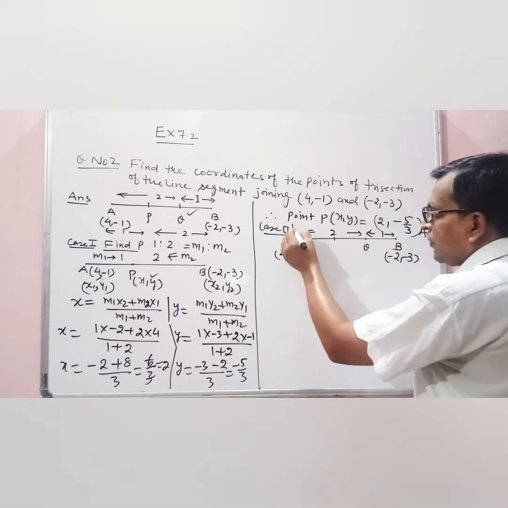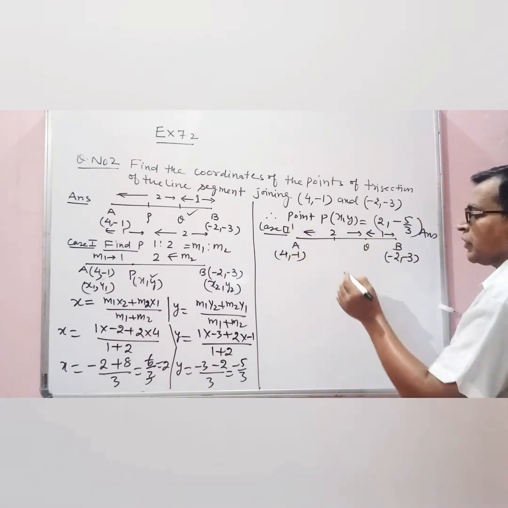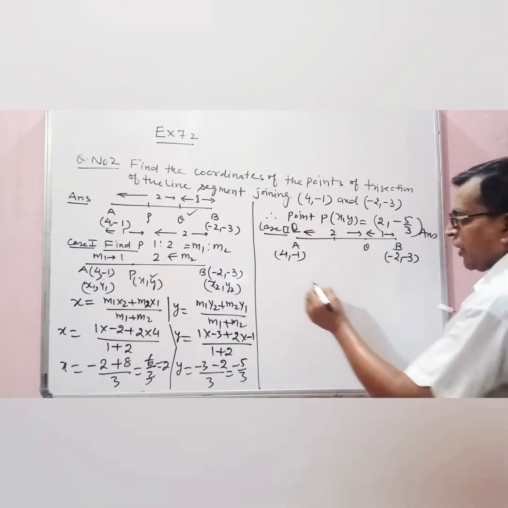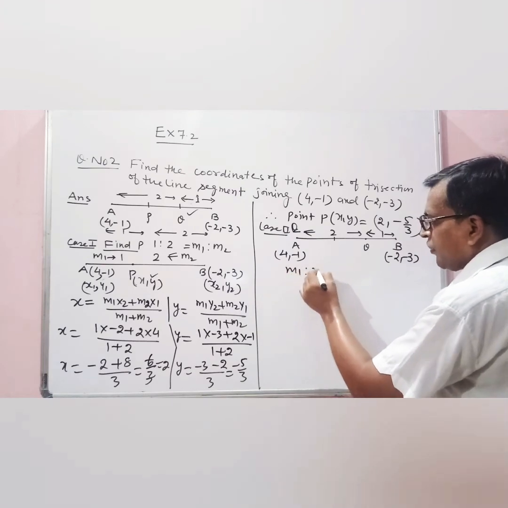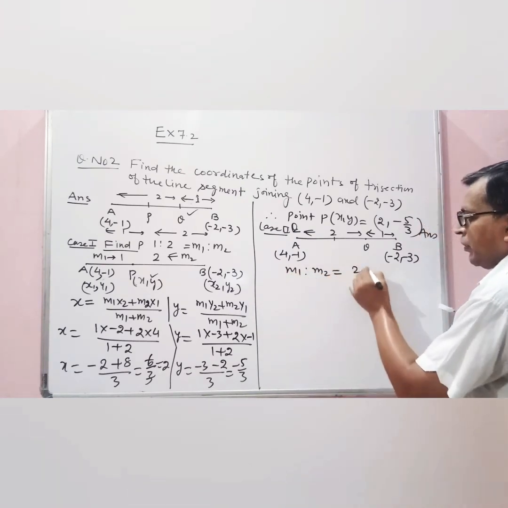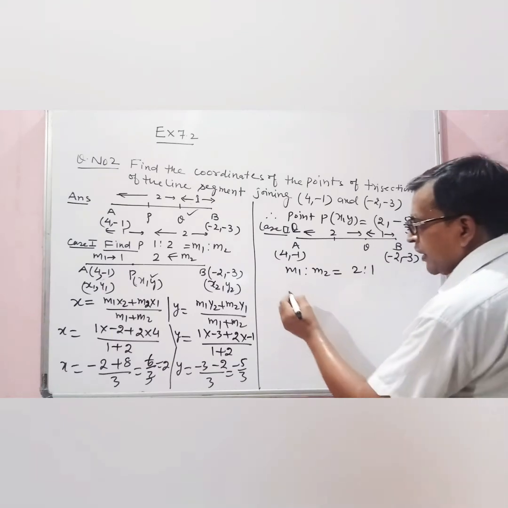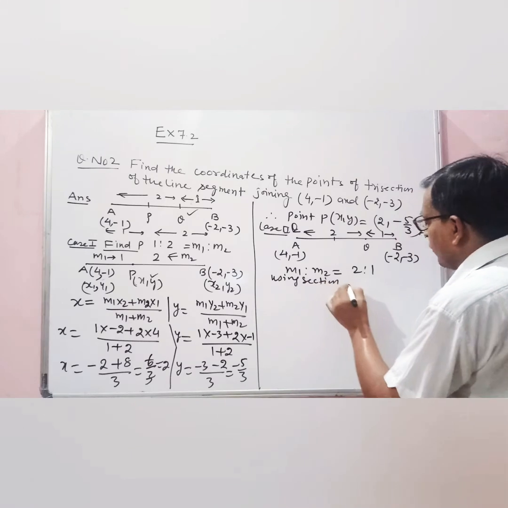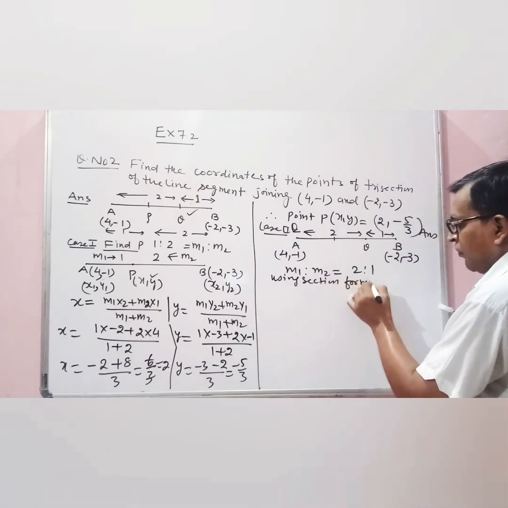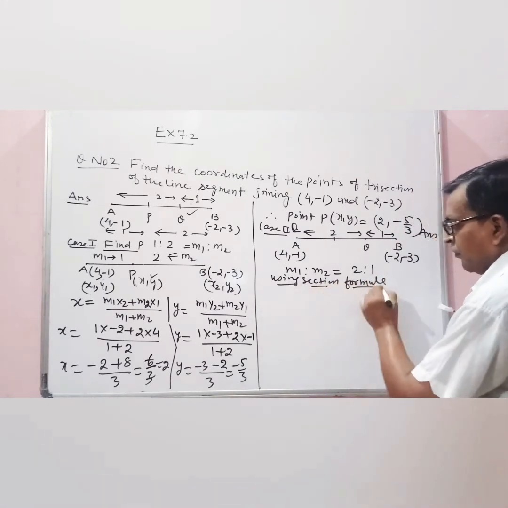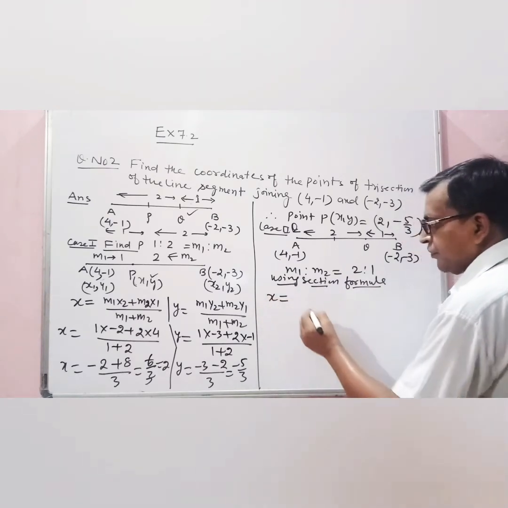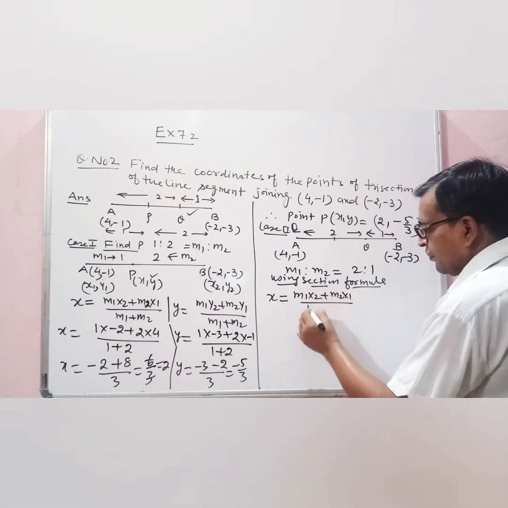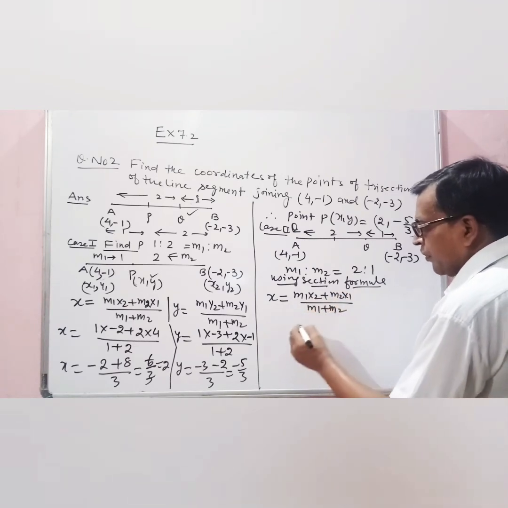Second, find point Q. Apply the ratio here, m1:m2 equals 2:1. Using the section formula, x equals (m1 x2 + m2 x1) upon (m1 + m2).